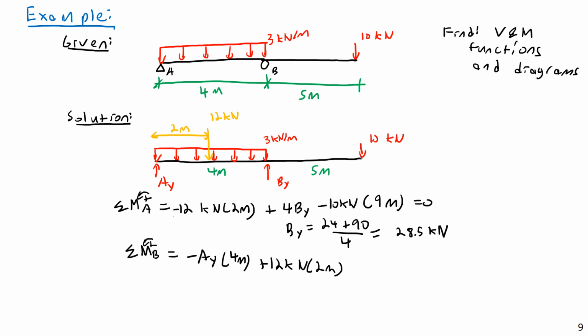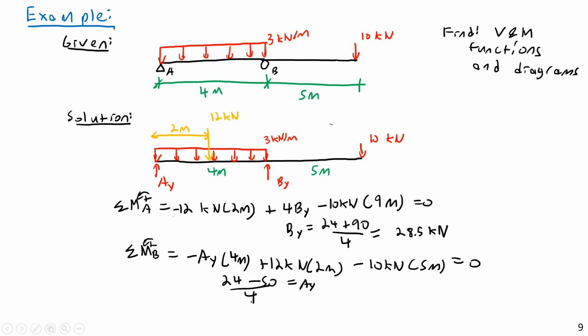That's a positive moment because of counterclockwise rotation. Then this 10 kilonewton load will be clockwise, or a negative moment, so negative 10 kilonewtons times a moment arm length of 5 meters. And this all comes to 0. So if I bring AY over here, this would be 24 minus 50 equals AY over 4.